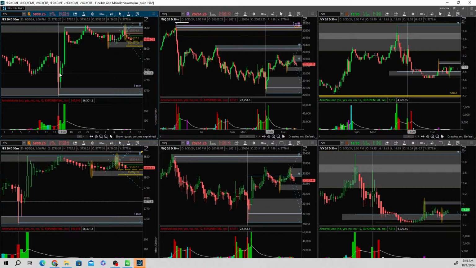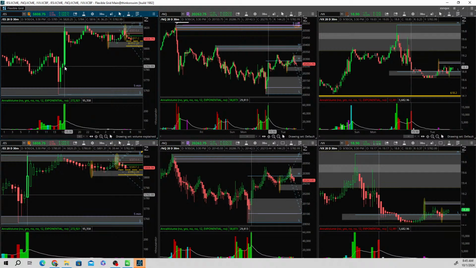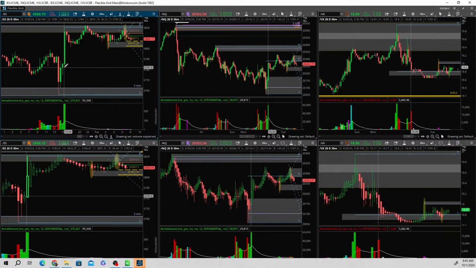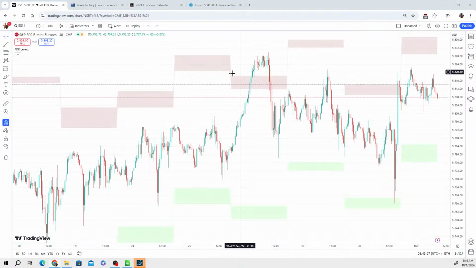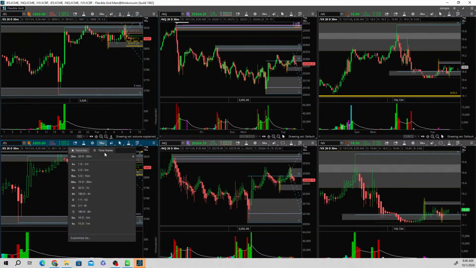I don't think I have anything else to mark. I'm not gonna worry about this candle, but we do have this here and this candle. Let's look at it from a 5-minute perspective so I can get going.